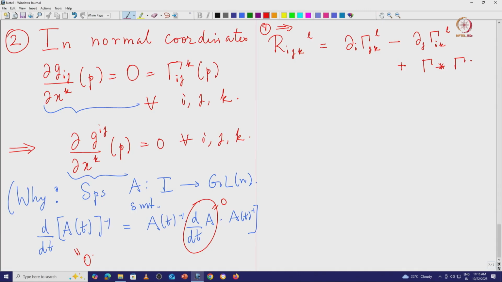Okay, so that means at P, because all the Christoffel symbols are 0 at P, this would imply that R ijkl at P is simply given by this.